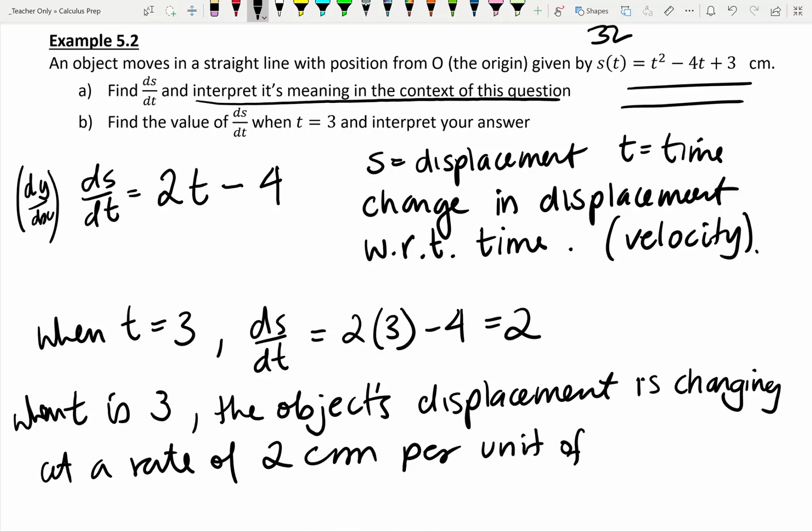Not sure what that time is, so it could be centimeters per second, centimeters per minute, depending exactly what it is. But that's the interpretation in that context.